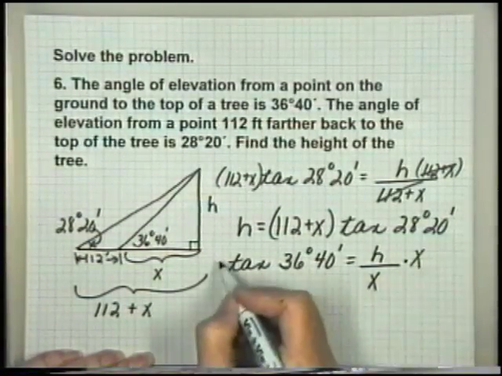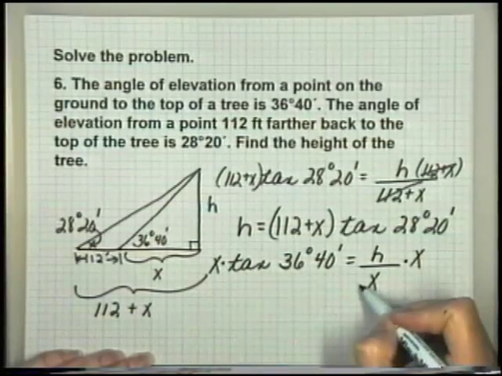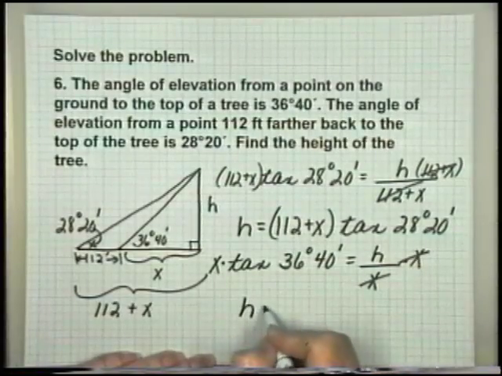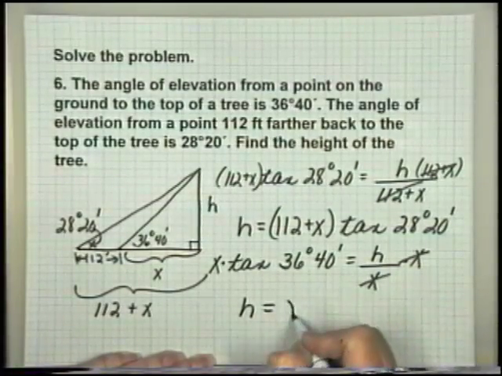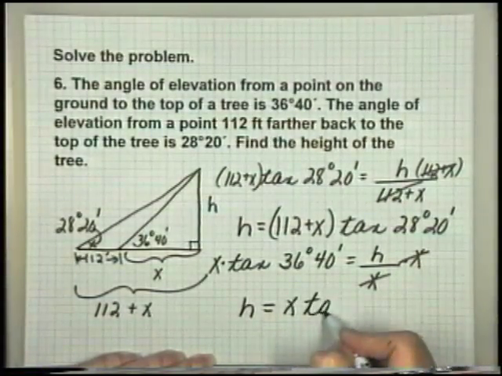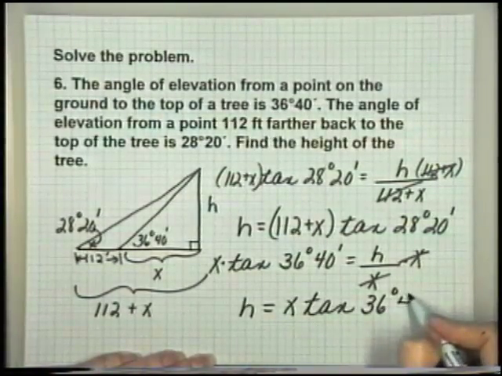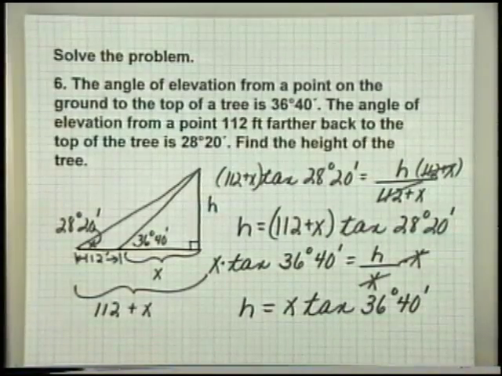Now we'll solve this equation for h by multiplying both sides of the equation by x. Of course, those divide to 1, and we get another expression for h. H equals x times the tangent of 36 degrees, 40 minutes.